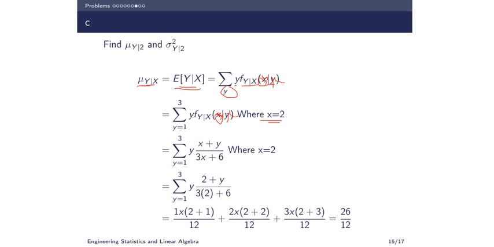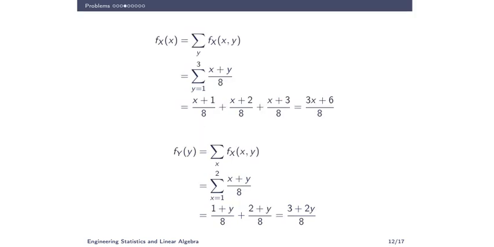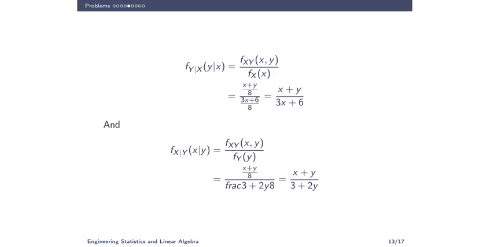So y into f(y given x), which we have calculated already, that is (x + y) by (3x + 6).